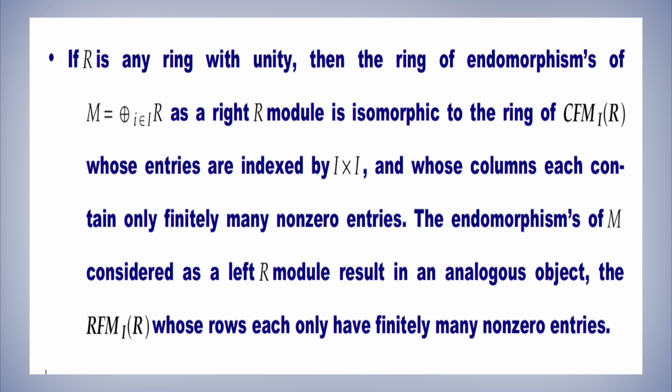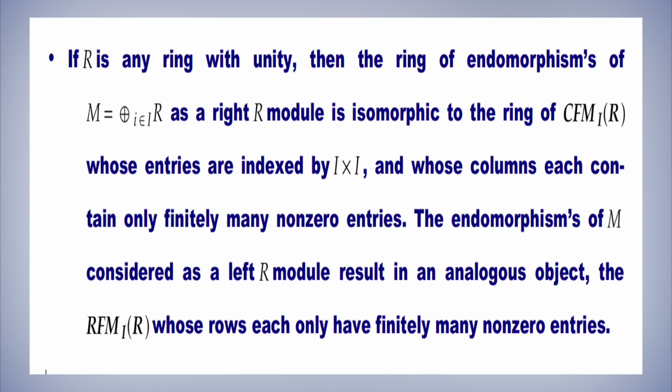If R is any ring with unity, then the ring of endomorphisms of M, a direct sum of R over I, as a right R module is isomorphic to the ring of column finite matrices of R over I, whose entries are indexed by I by I, and whose columns each contain only finitely many non-zero entries.